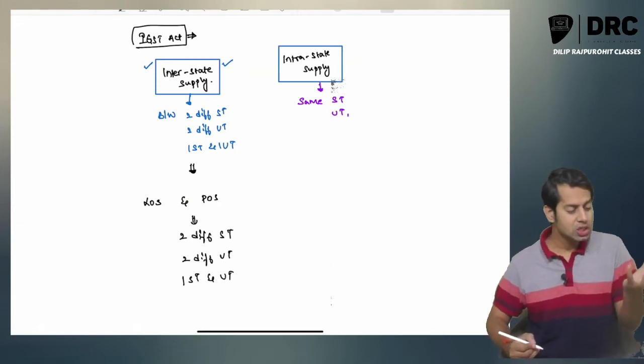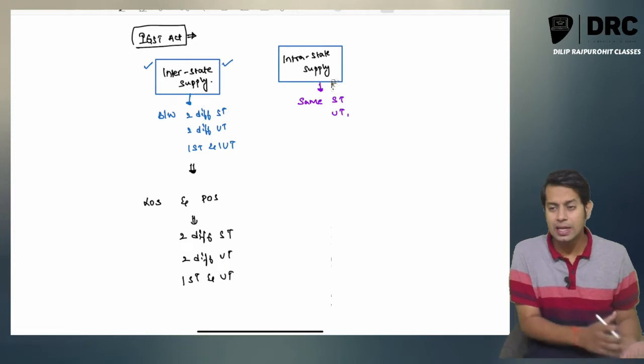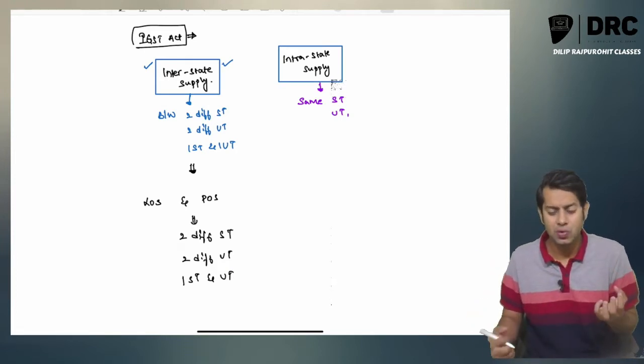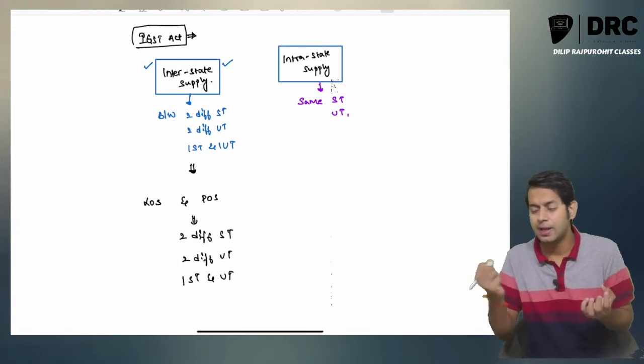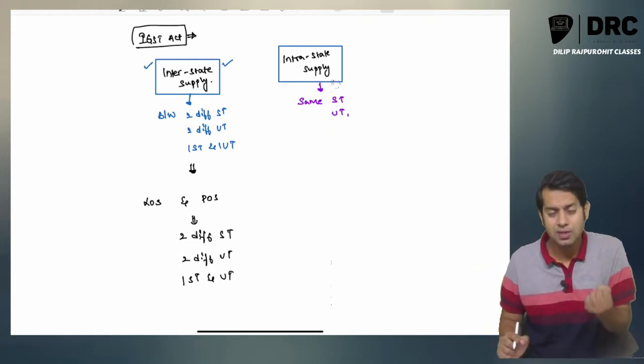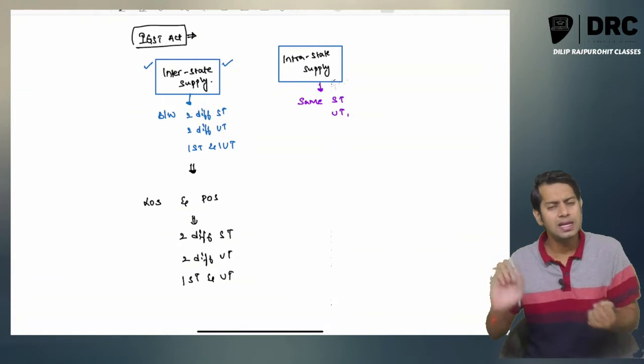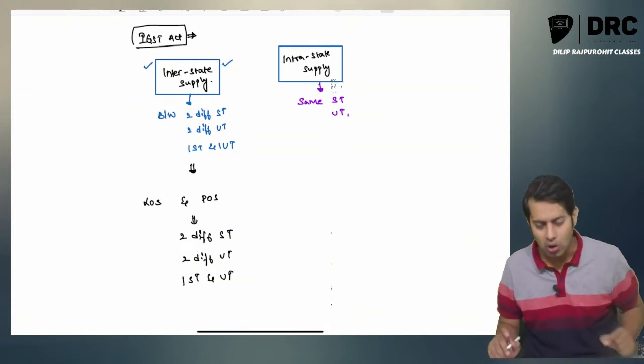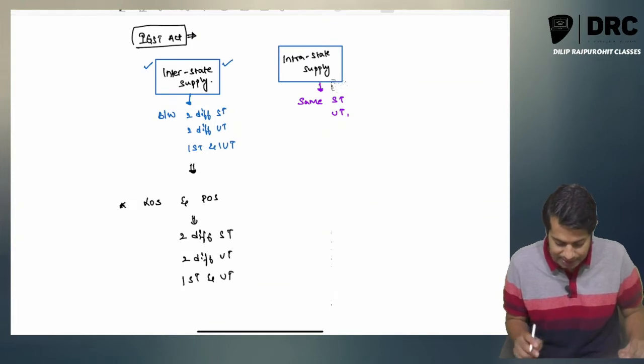Meaning the location of the supplier is in one state and the place of supply is in another state. The location of the supplier is in one union territory and the place of supply is in another union territory. The location of the supplier is in one state and the place of supply is in some union territory. That type of transaction will be called interstate supply.